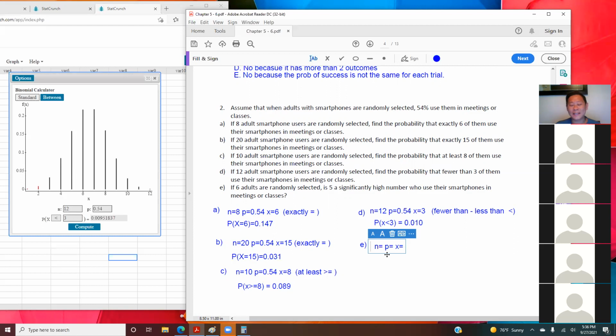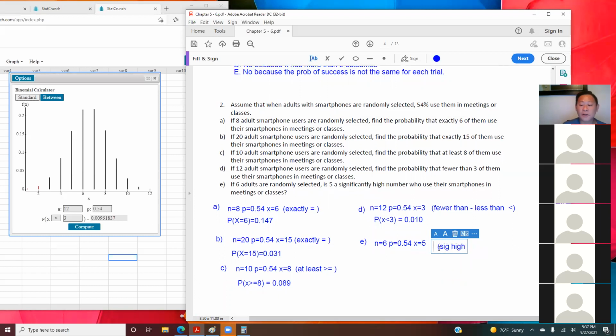All right, the last one is E. Read question E and tell me what is your N, P, X. N is 6, then P is 0.54, and X is 5, right? What is the keyword we have here? Significantly high.